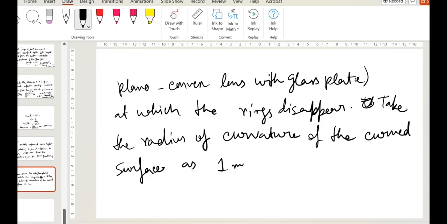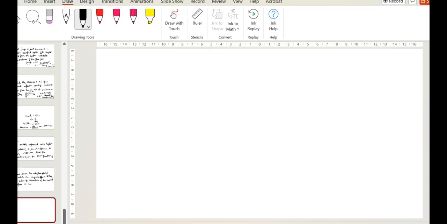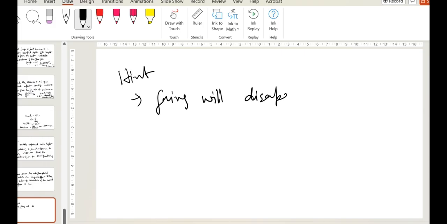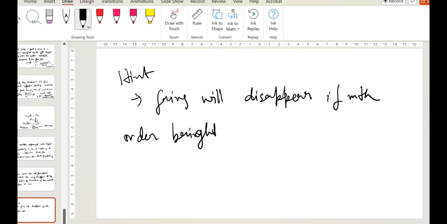So the hint is the fringe will disappear if the nth order bright ring of lambda 1 overlaps with the nth order dark ring of lambda 2.